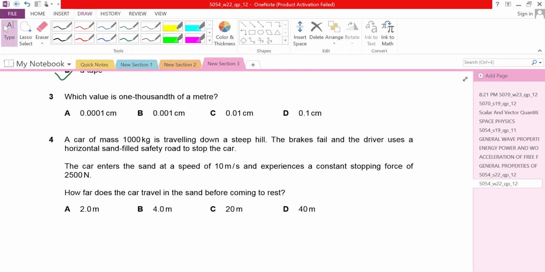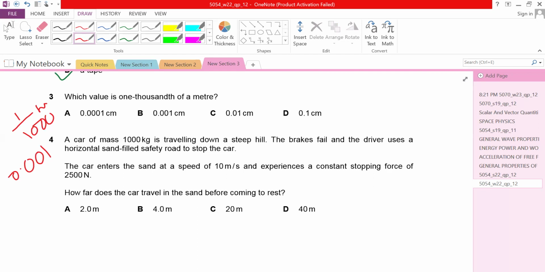Question number 3. Which value is 1/1,000 of 1 meter? 1/1,000 means 1 upon 1,000 meter, or you can say 0.001 meters. The values of the answer are given in centimeters.